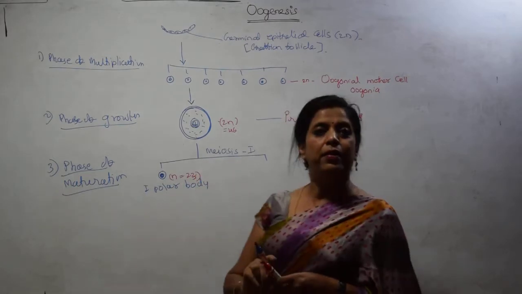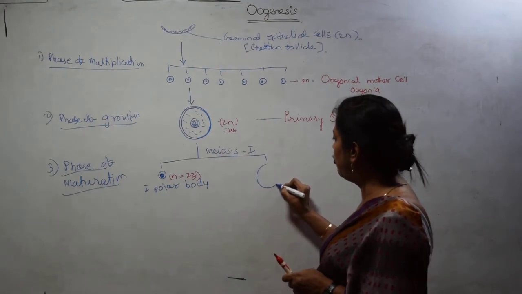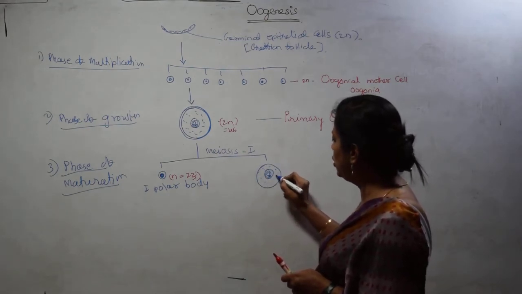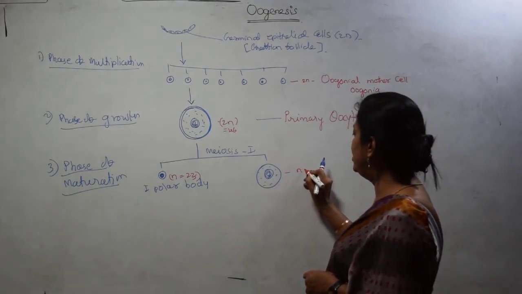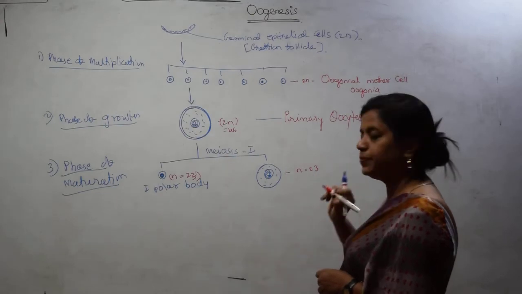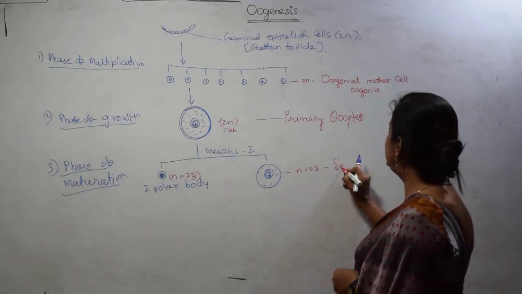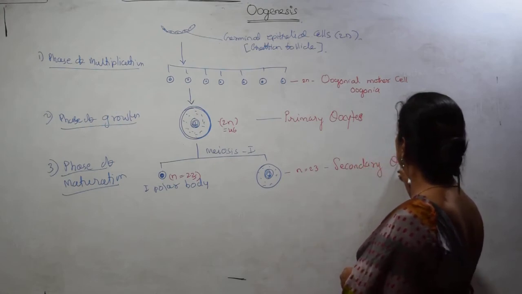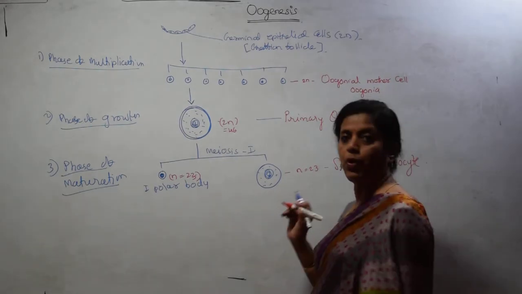Now, on the other side, a large cell is formed which contains the haploid nucleus and all the nutrients. This is also haploid, n equal to 23. But this is a functional cell. We call this the secondary oocyte. This is the secondary oocyte having haploid condition.